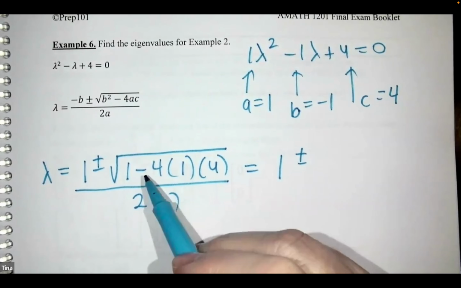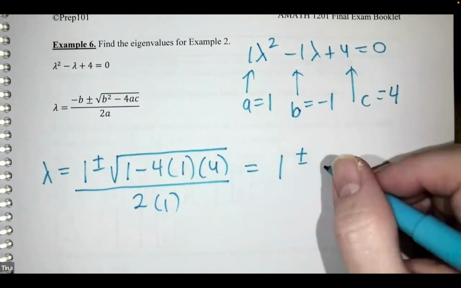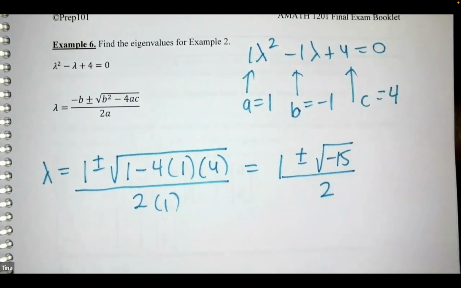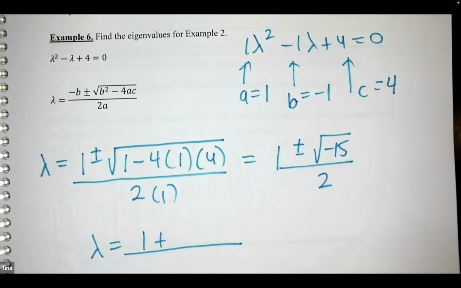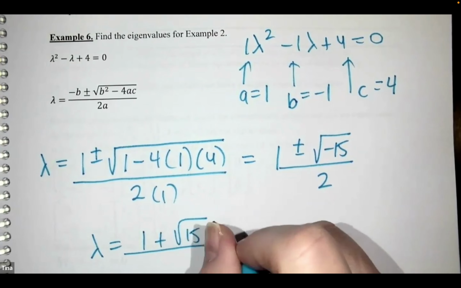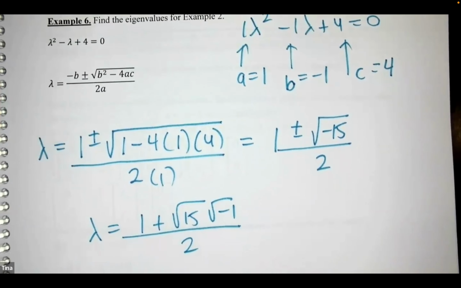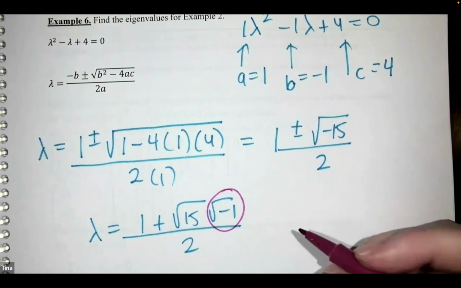So you got 1 plus or minus. Now look under your square root. 1 minus 16, so that's negative 15. So that's why there's an issue, right? Which is why I sidetracked to complex numbers. Think about the root of negative 15 as the root of 15 times the root of negative 1. Can you simplify that based on what we just talked about? So this is our i, right?